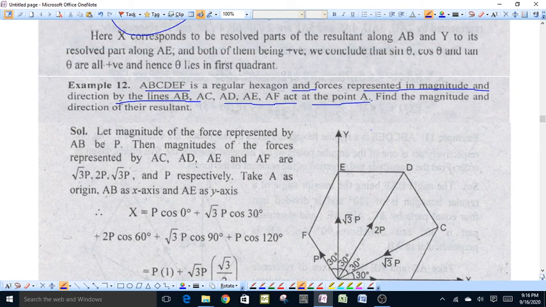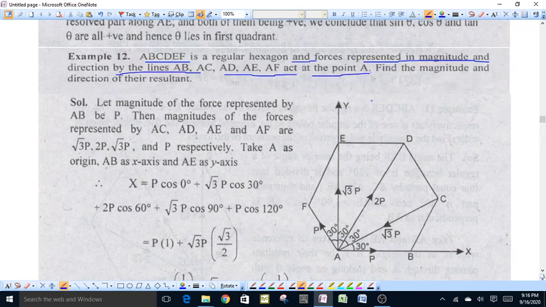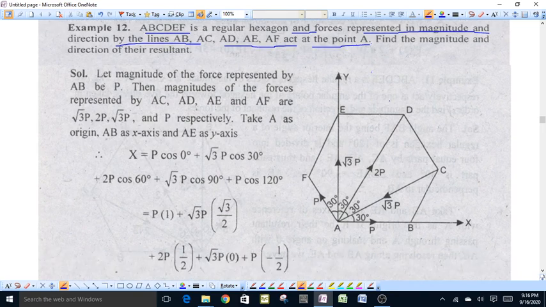Because forces are represented completely, meaning both in magnitude and direction, by the lines AB, AC, AD, AE, AF, which act at a point A.